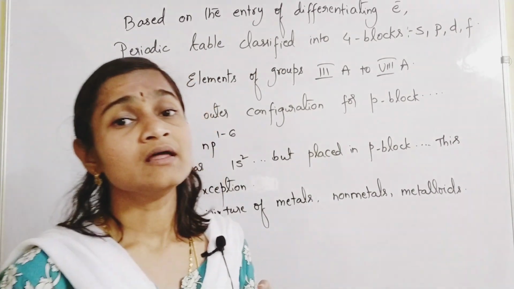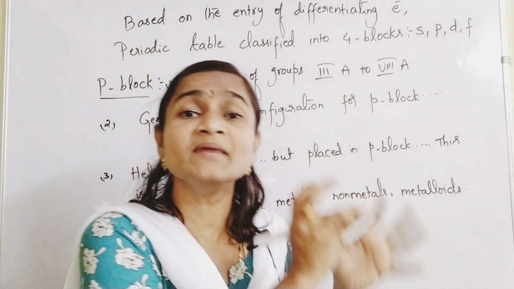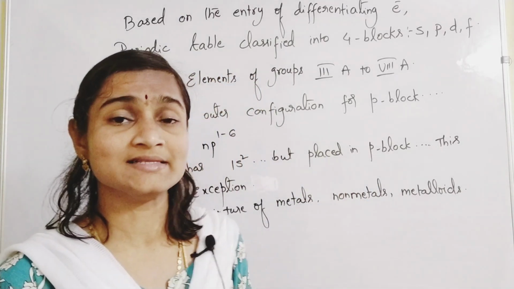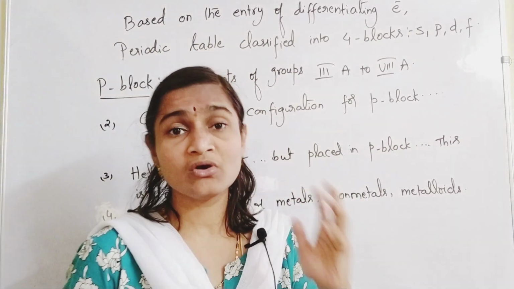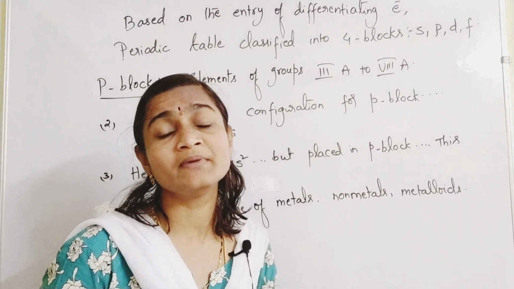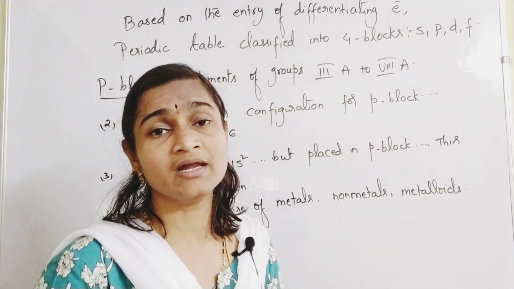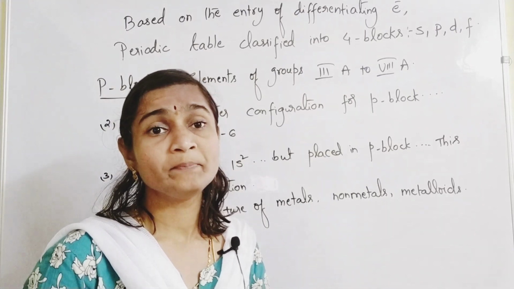Metalloids means the substances whose properties are intermediate between metals and non-metals. Like you can take the example of boron. Boron is a metalloid. And you can even take the example of germanium, antimony. All these are metalloids.